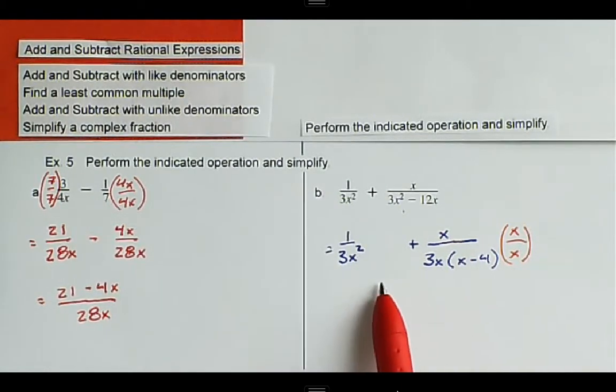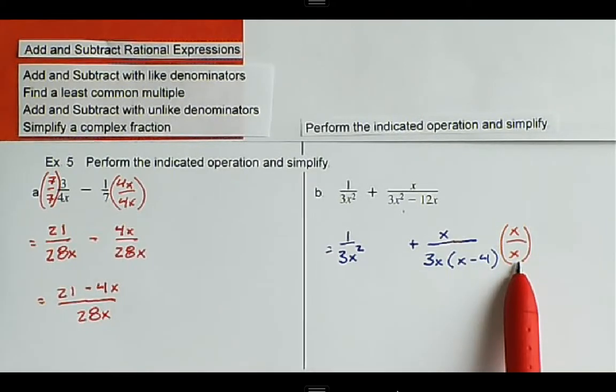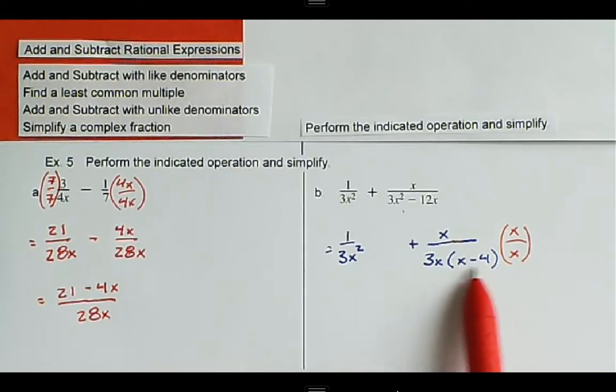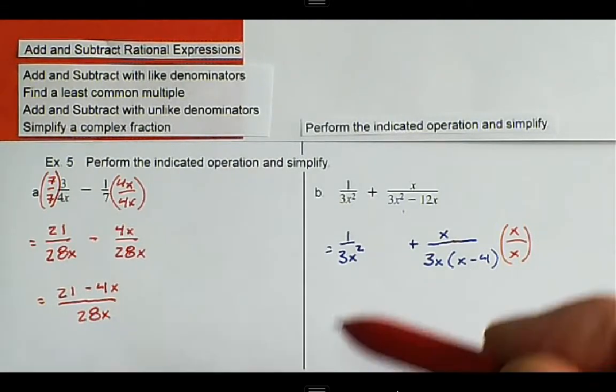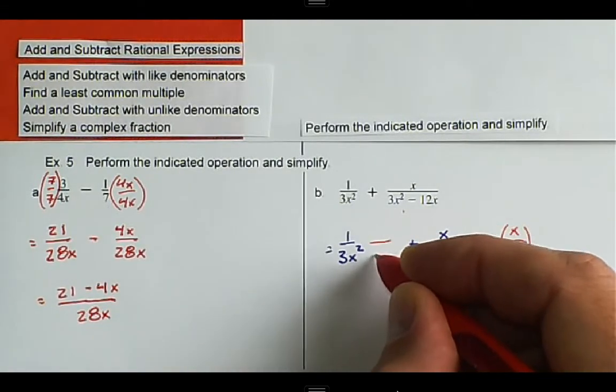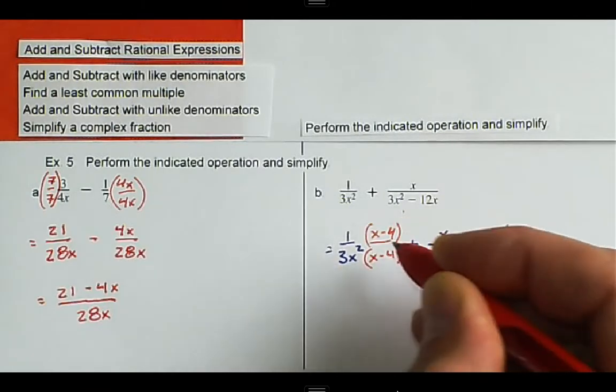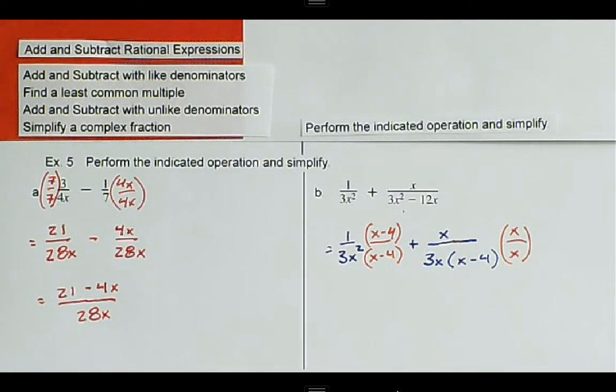So now we have 3x squared and 3x squared, but this denominator is missing the x minus 4. So this one we're going to have to multiply by x minus 4 over x minus 4. So now we can go through and just do that math.